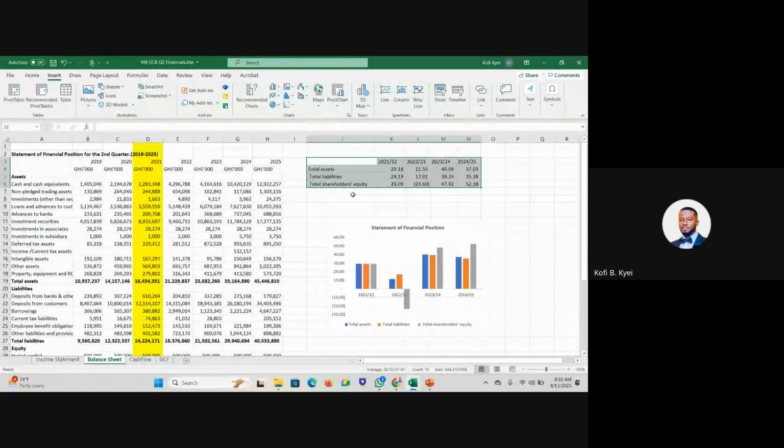So if you are valuing a private equity firm, it is recommended that you use the free cash flow to the firm. When you are valuing banks, it is recommended that you use the residual income model, RIM, that focuses on the earnings of the business. With that model, you can get the value of the business, and it can make sense.